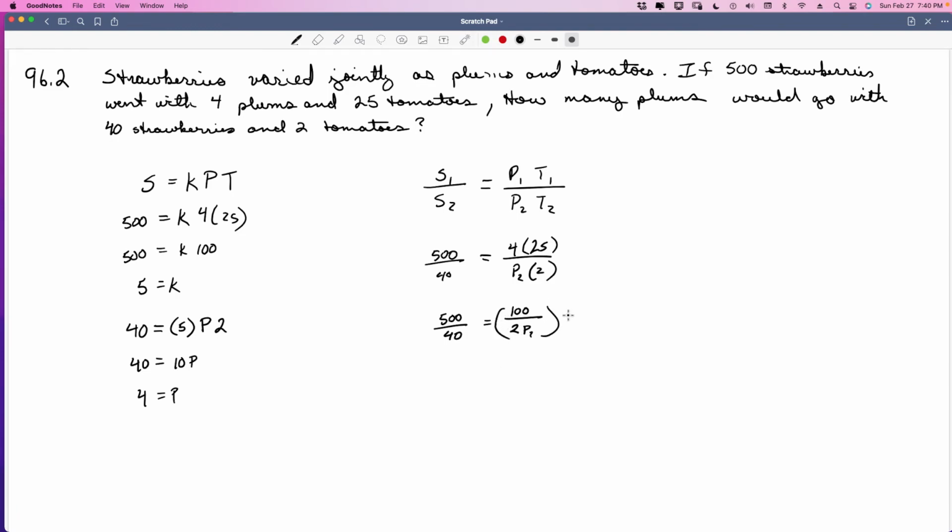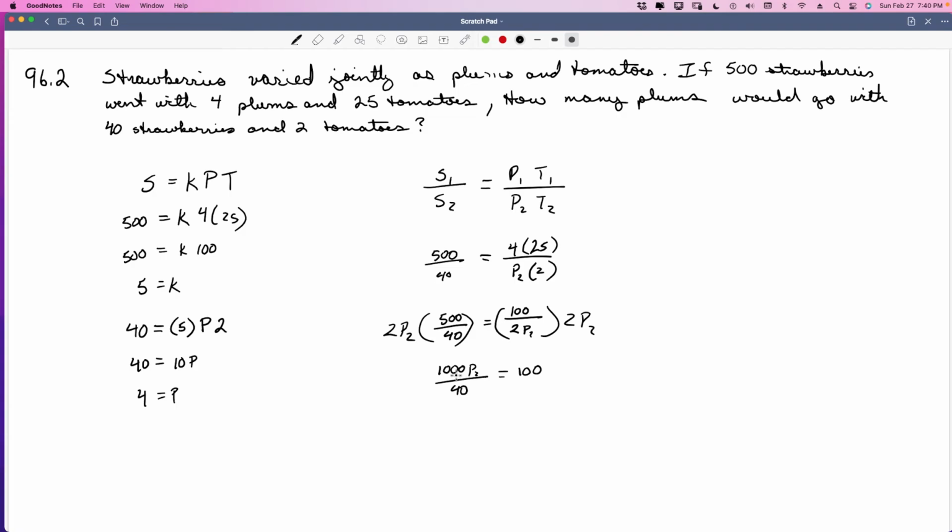So 2 times P2, you don't always have to do the math exactly in the order you think it ought to happen. So we have 2 times 500, that's going to be 1,000, right? P2 over 40 equals 100.